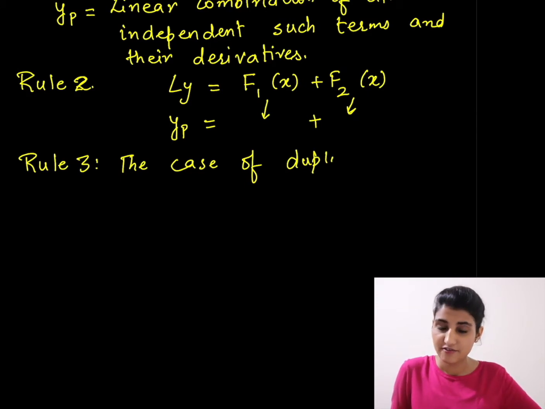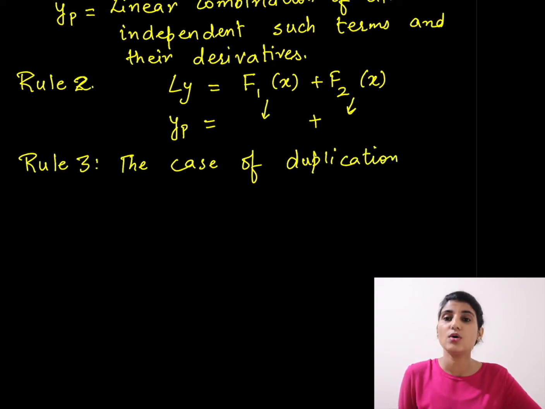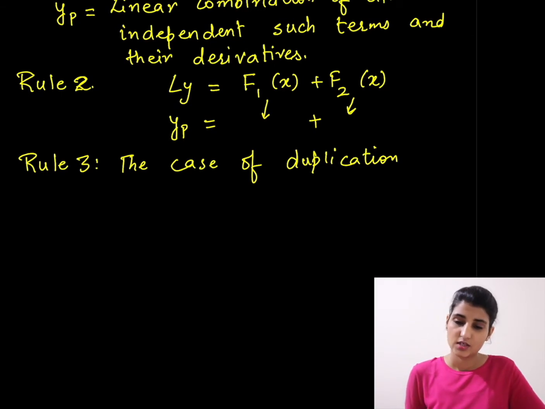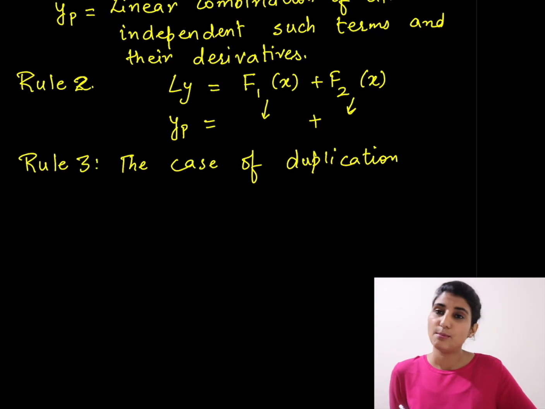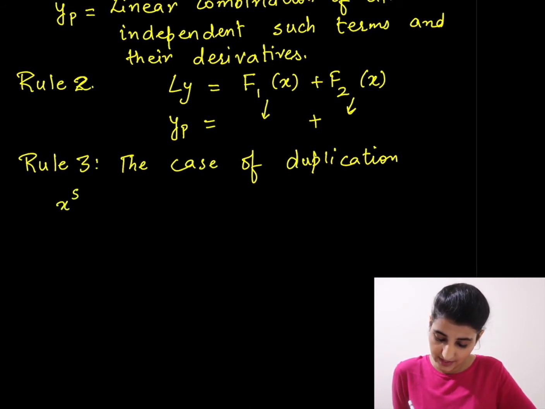If any term in f(x) or its derivatives satisfies the associated homogeneous equation, then what will we do? We will multiply by x power s.